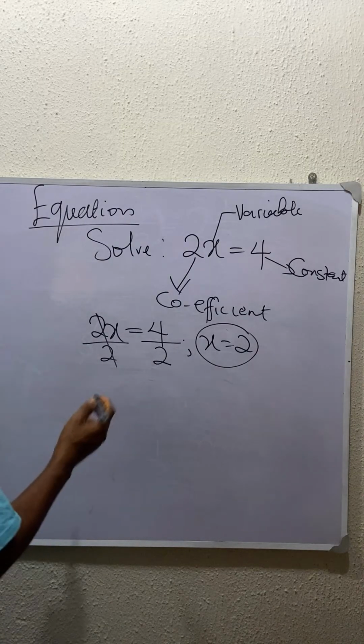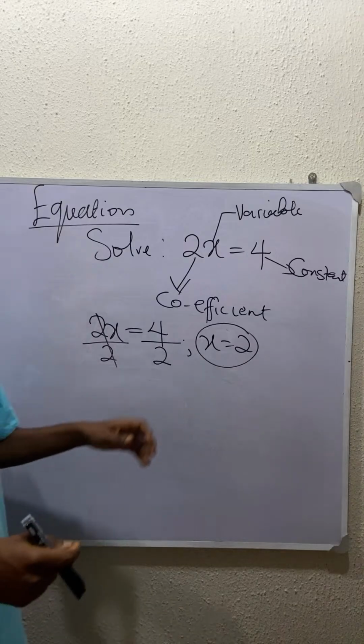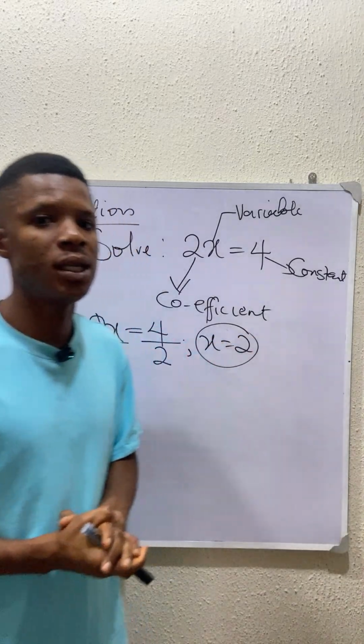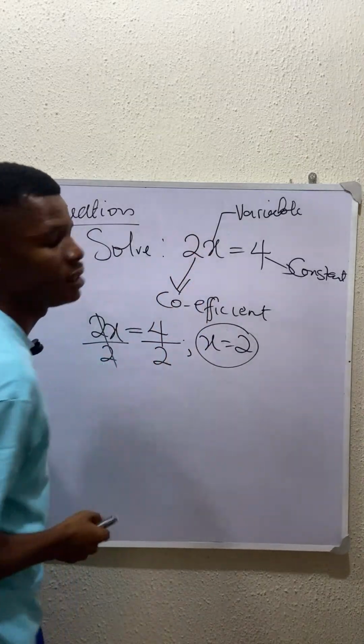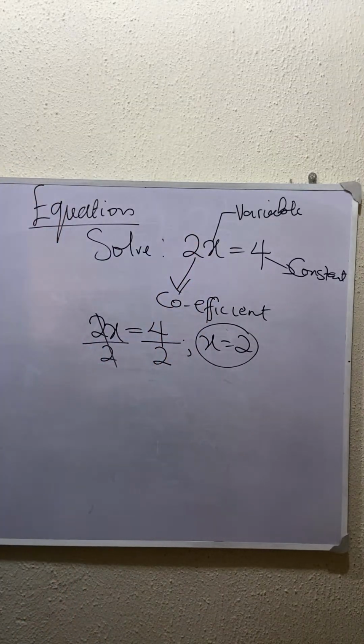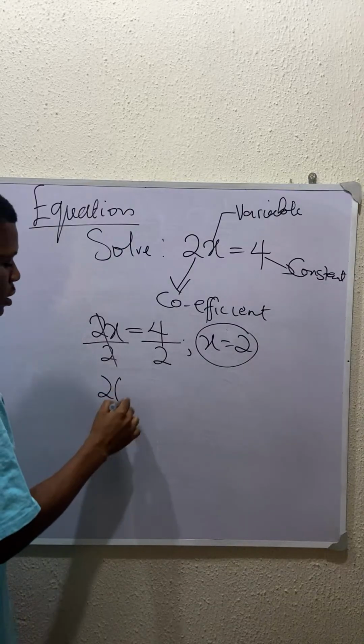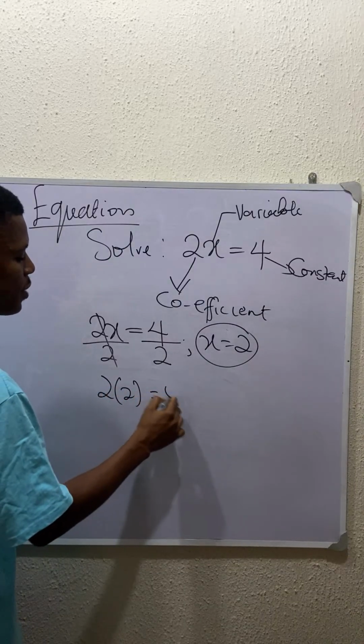So when we have x to be 2, if you want to check whether you got the answer properly, do you know what to do? You are going to put back 2 in the equation. So what do you have? You have 2 times 2, to know whether you are getting 4.